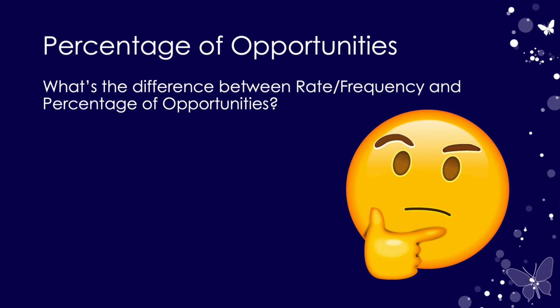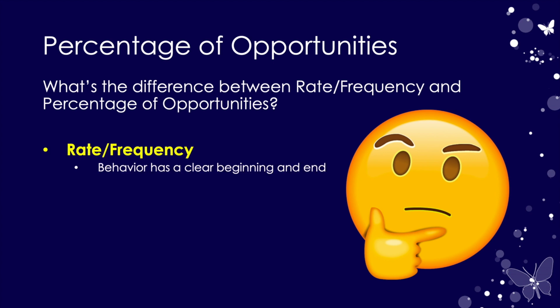Before, we learned about rate/frequency. These measurement procedures can be tricky when deciphering which one would be appropriate. So, what is the difference between rate/frequency and percentage of opportunities? Well, you would use rate/frequency when a behavior has a clear beginning and end, when the behavior can happen at any time, meaning it does not need to be contrived or does not need an opportunity.